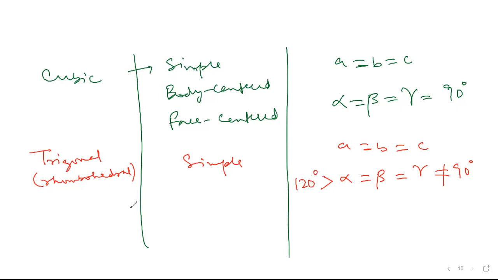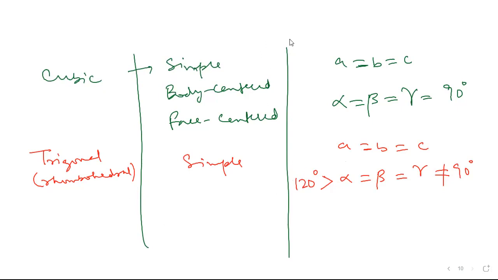Understand it? In case of trigonal or rhombohedral, one Bravais lattice is possible. Unit cell characteristics are all sides are equal, alpha, beta, gamma all are equal, non-90 degree and less than 120 degrees.